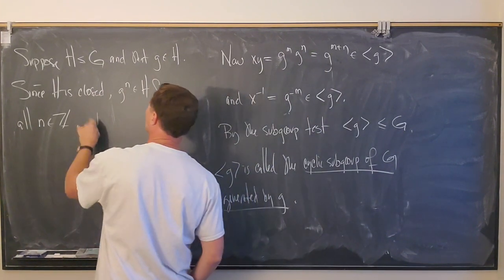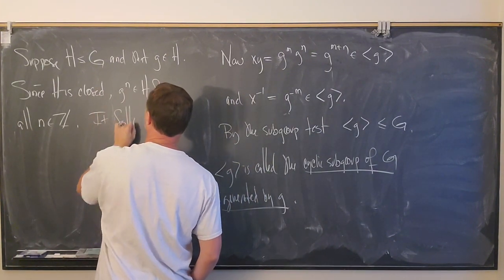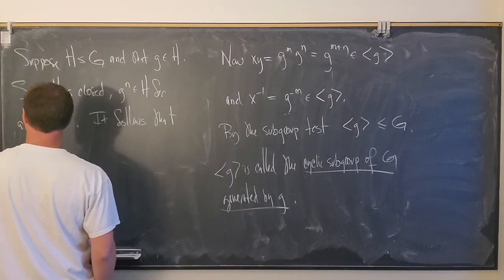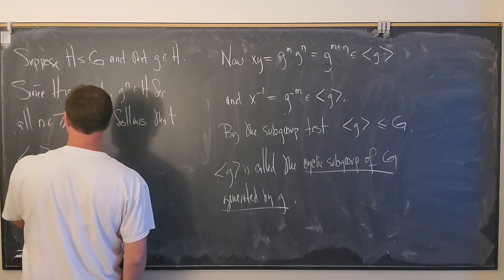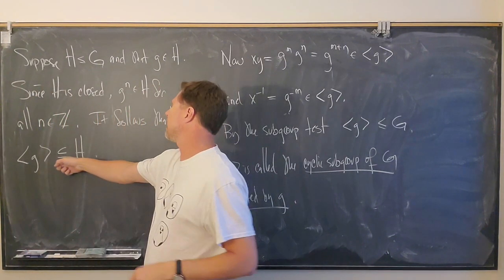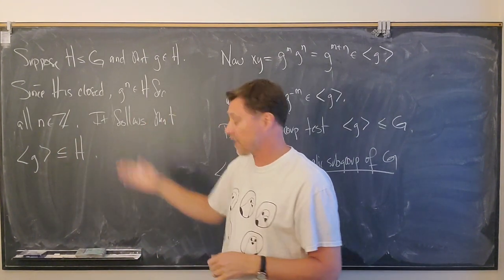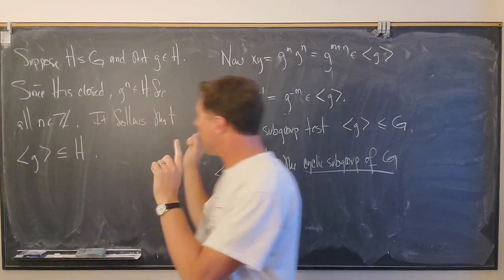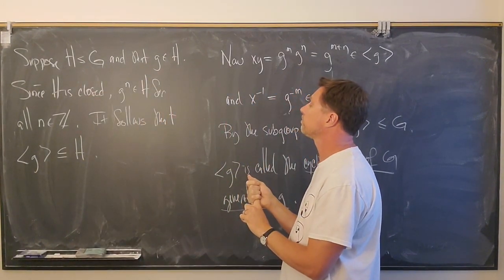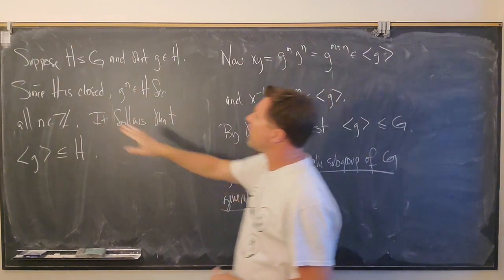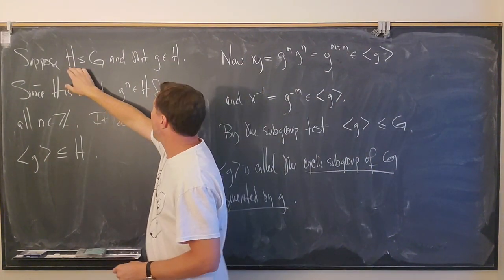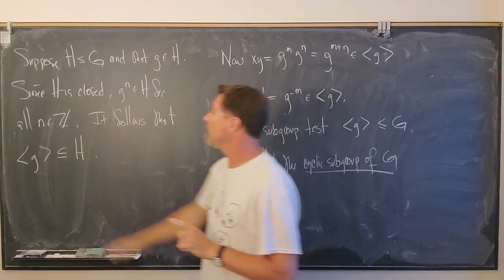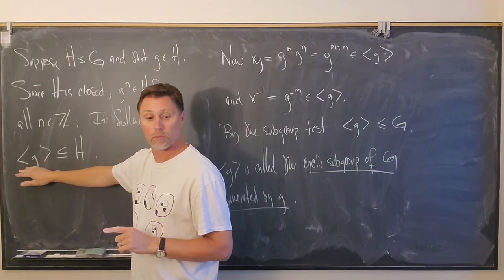So it follows that the subgroup generated by g is contained in H. Here, I'm just using a subset symbol. That's all I really care about. It turns out it's actually a subgroup of H, but that's beside the point at the moment. What that tells us then is that every time we have a subgroup of G that contains little g, then that subgroup must contain the entire cyclic subgroup generated by little g.